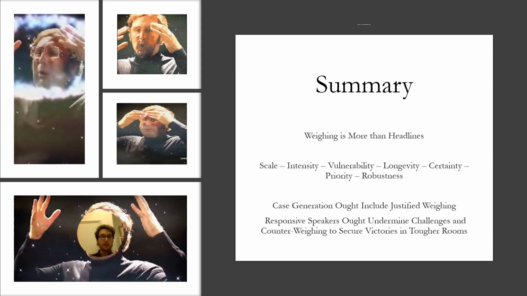Recognize that responsive speakers ought to be the ones that undermine challenges and demonstrate counter weighing to secure victories, especially in tougher rooms. So the deputies and the whips are those that should prioritize engaging with the weighing that is in the round, explaining why, if your arguments are on the same clash, as in you're arguing yes, scale does matter, we just affect more people, then use rebuttal skills to show why the scale is bigger on your side than theirs.